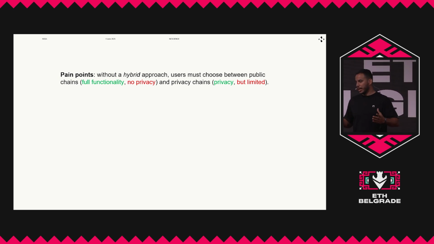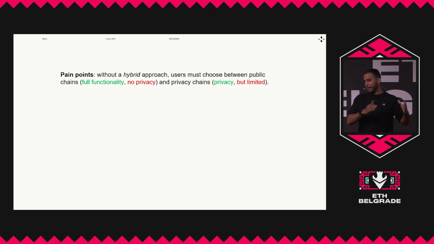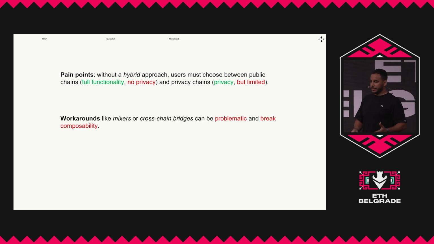Without a hybrid approach, users have a choice: either go fully public, so they get full functionality but no privacy, or use private blockchains where they have privacy, but it's limited.